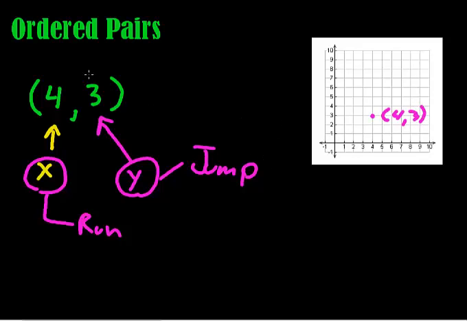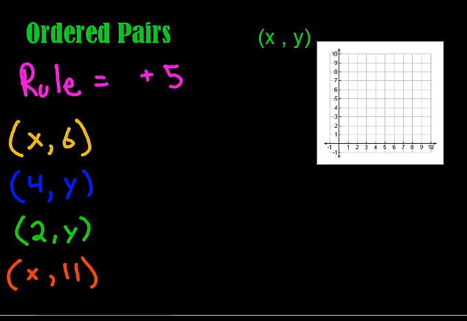On our graph. And what we're going to look at today is taking in a function rule and changing the numbers in a lot of ordered pairs. So let me explain what that means now. Okay, so here are our first 4 ordered pairs. You can notice I have 4 unknown points. On this one I have (x, 6), so I do not know my x, but I know my y is 6.